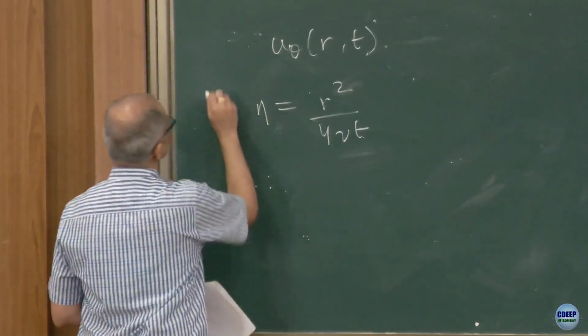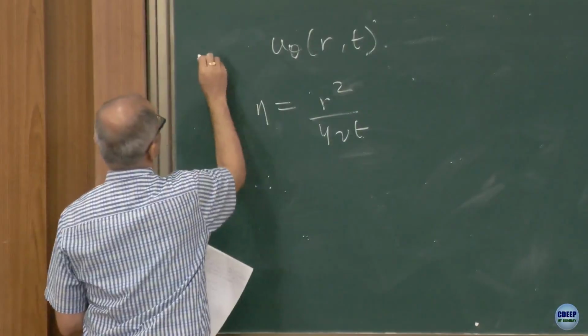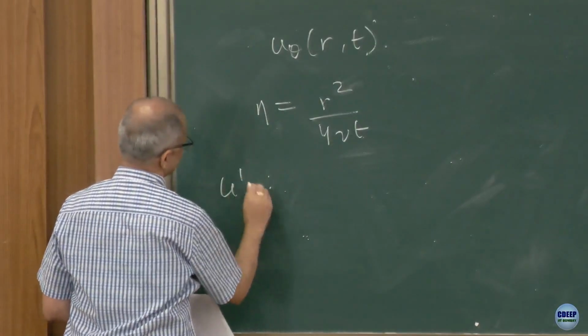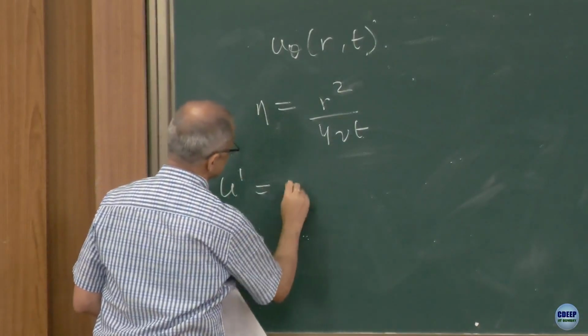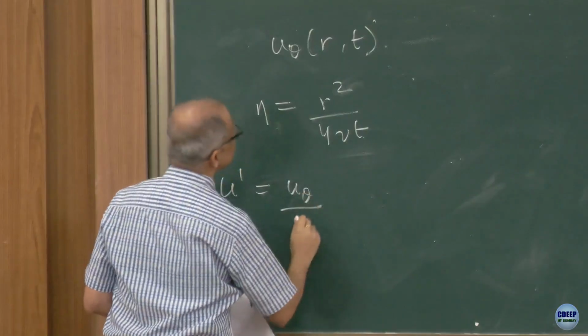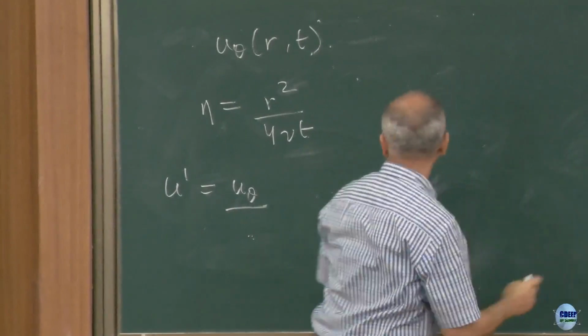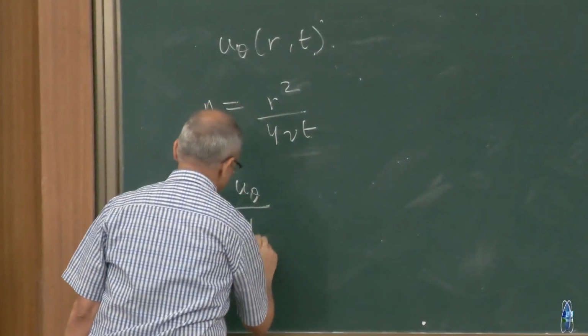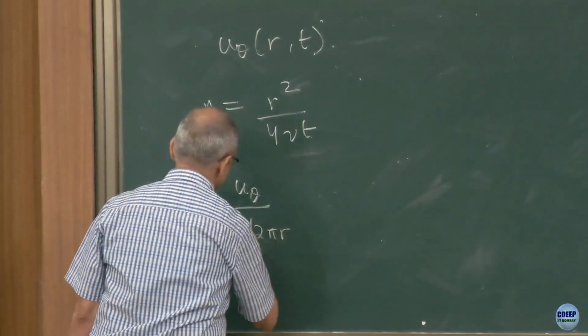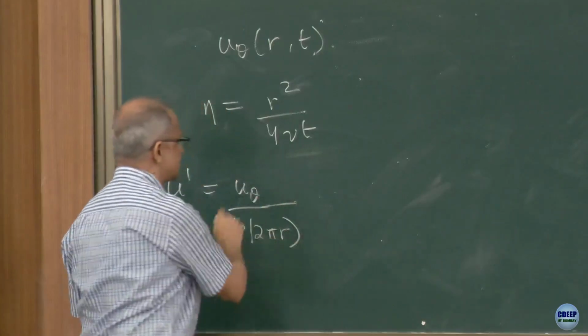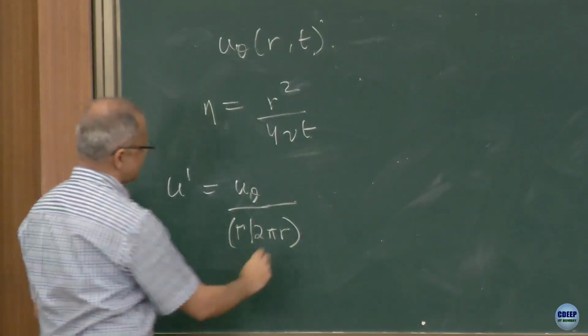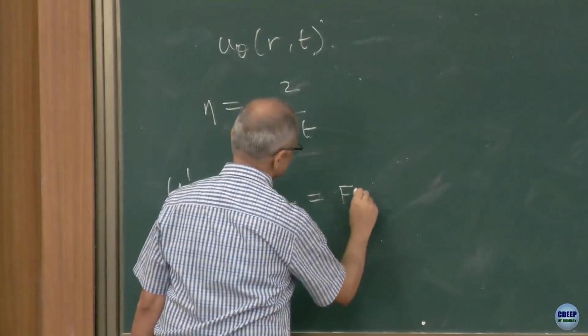And we are going to look for u prime, which is equal to u theta upon some velocity scale. Now you can see that gamma upon 2 pi r looks like a lateral velocity scale. So if I normalize u theta by gamma by 2 pi r, then I get this as some function of eta.